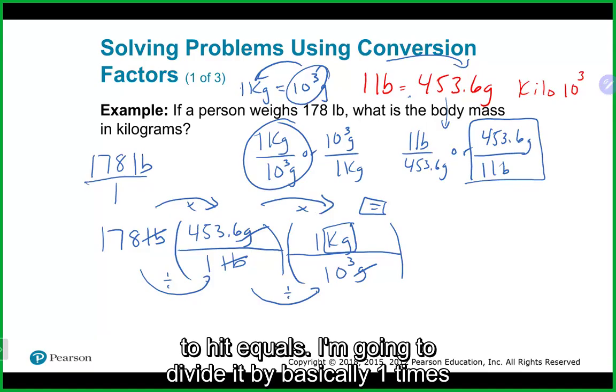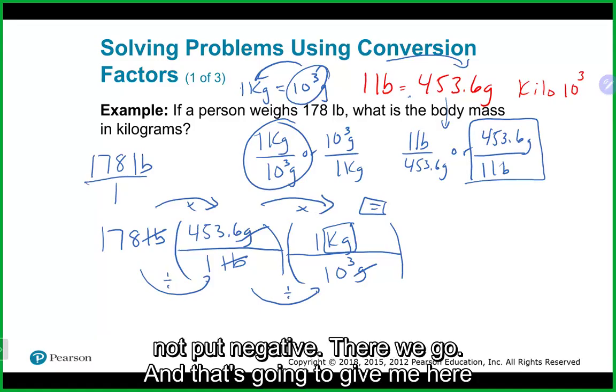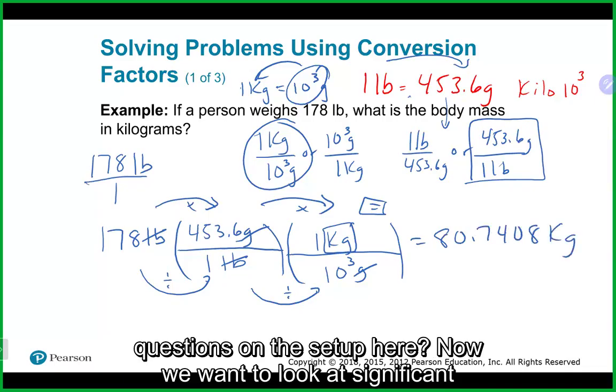I'm going to hit equals. I'm going to divide it by basically 1 times 10 to the 3, or 1,000 basically. And we're going to do that and not put negative. There we go. And that's going to give me here on my calculator 80.7408 kilograms. First off, any questions on the setup here?